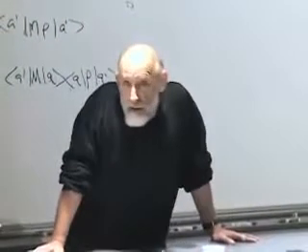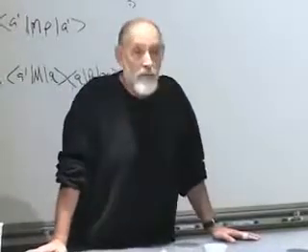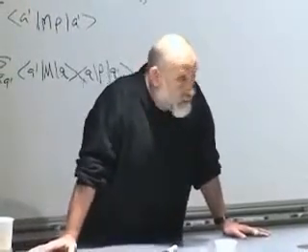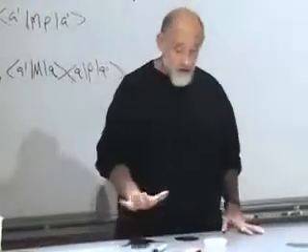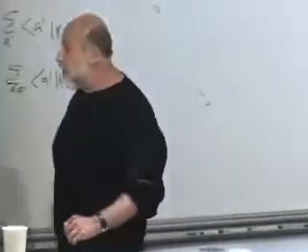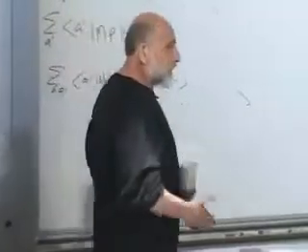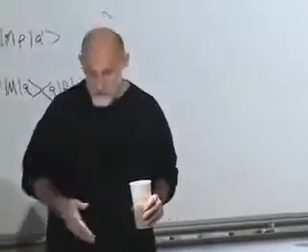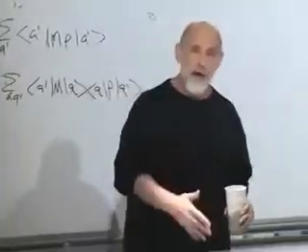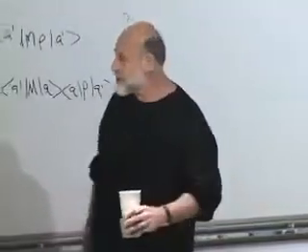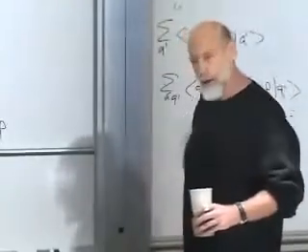If you have complete knowledge about the combined system, you have complete knowledge about either of the subsystems in classical physics. So in classical physics, complete knowledge about a combined system implies complete knowledge about either of the subsystems. That's different in quantum mechanics.